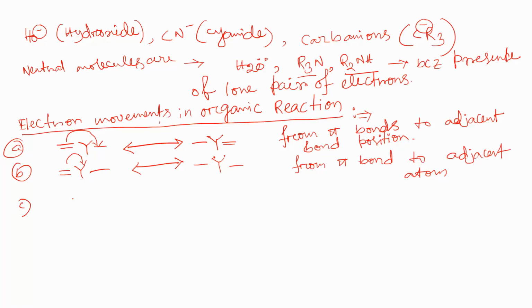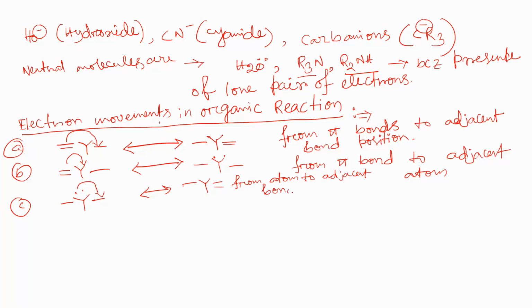The third case has one lone pair present, and the electron movement is from the adjacent atom to the bond, forming a double bond. So that is from an atom to an adjacent bond position.